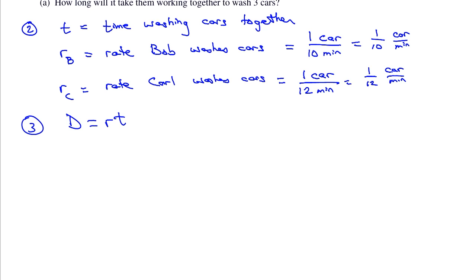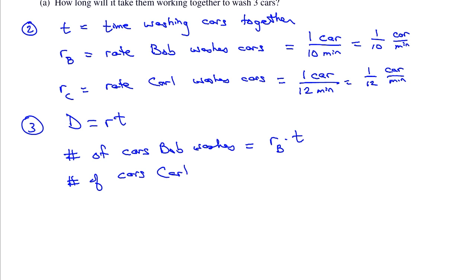So I'm going to write this out too as well. The number of cars Bob washes is equal to the rate at which Bob washes the car times time. And the number of cars Carl washes is equal to the rate at which Carl washes cars times time.